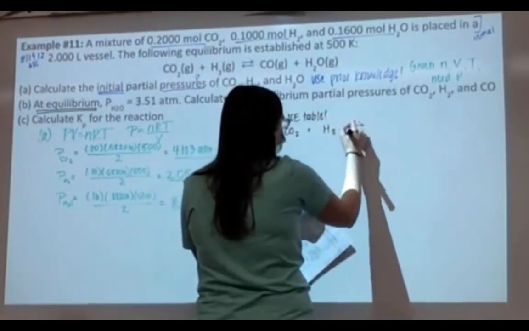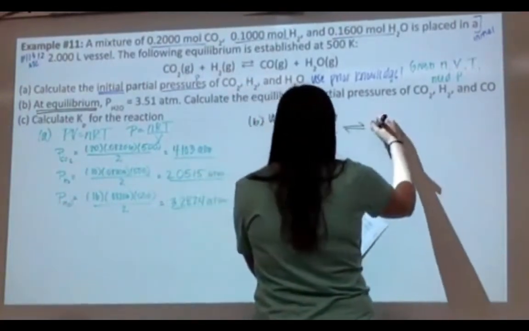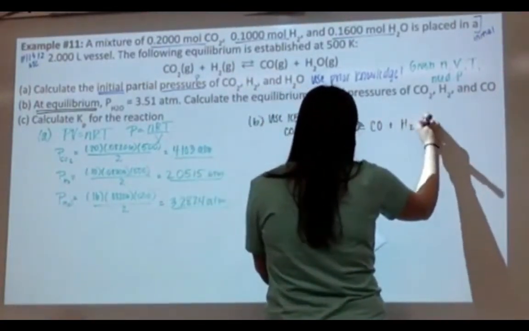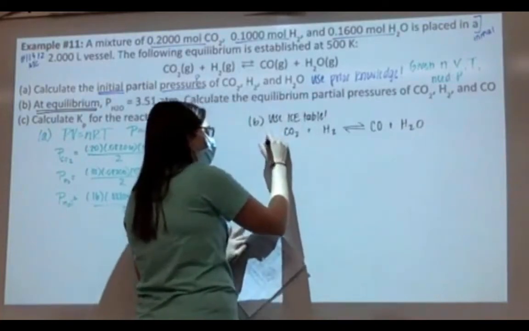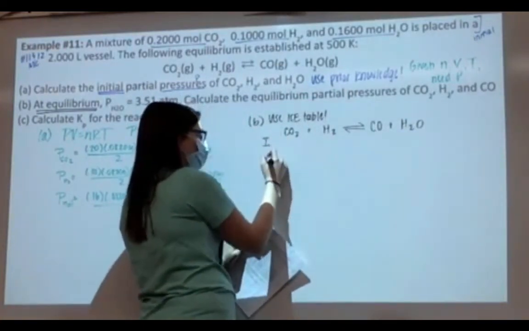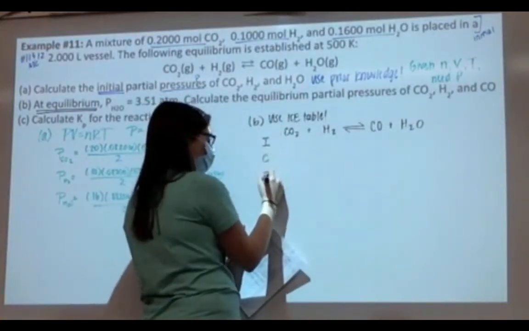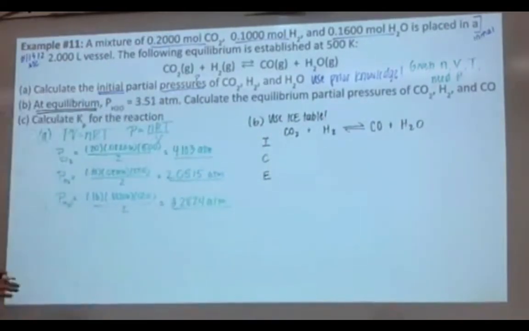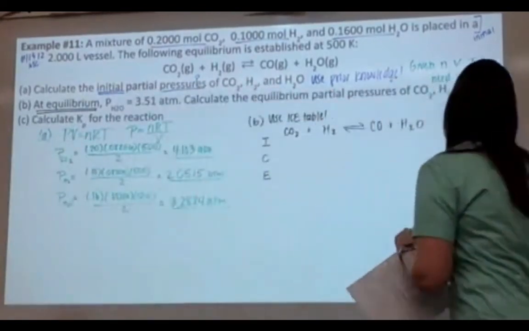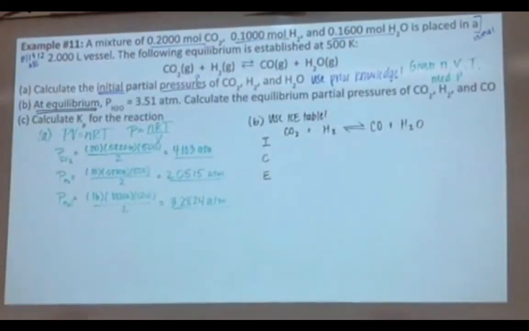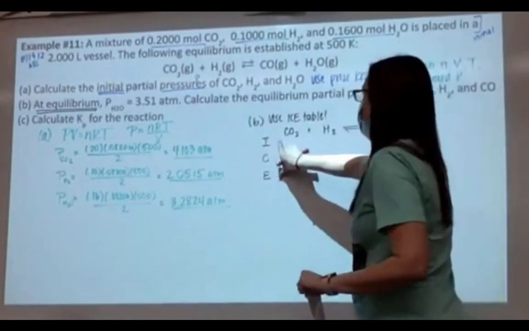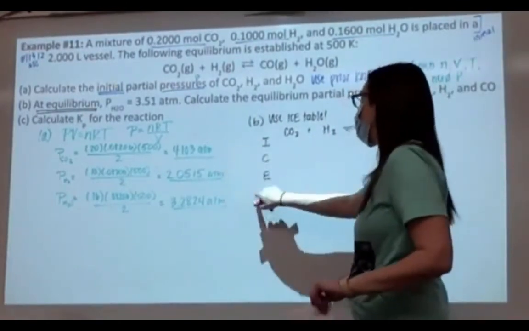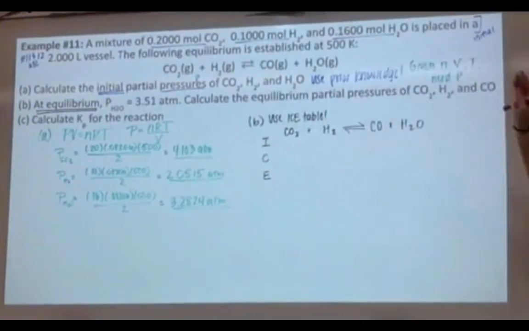So CO2 plus H2 is at equilibrium with CO plus H2O. Ice table, we have initial, change, and equilibrium. I'm going to fill this in with a different color. So initial. Initial is what we just solved for. The only units that can go into an ICE table are either molarity or ATM.